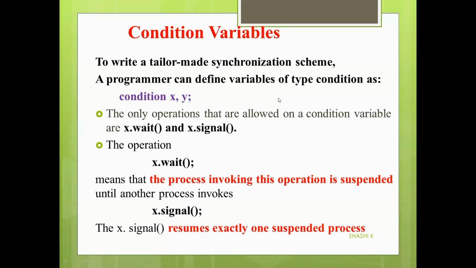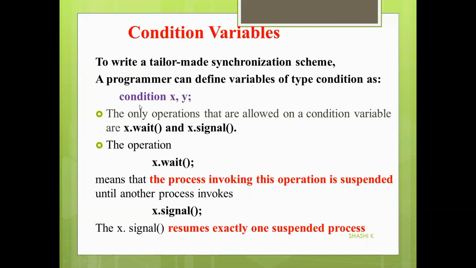Here you have more than one shared data, so for every shared data we need to have wait and signal. For that reason, we have separate wait and signal for each variable, and each such shared data is defined by using the condition construct.